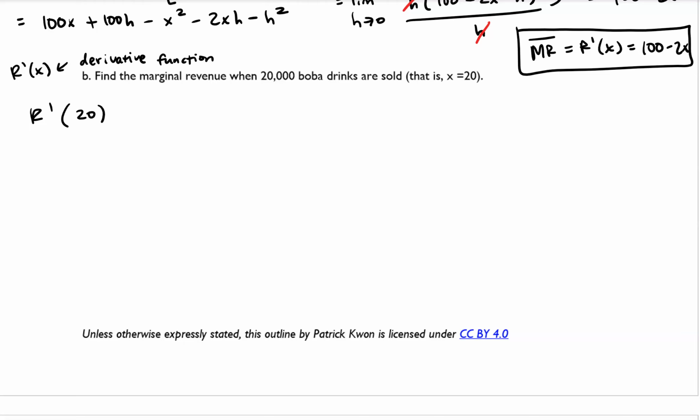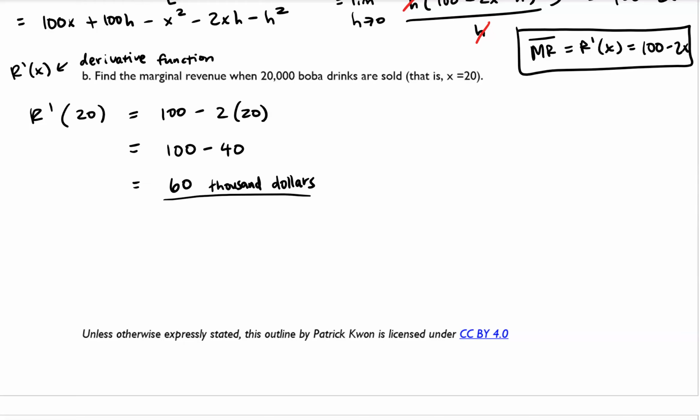So we want to plug in 20 into our derivative function, and if we do that, we get 100 minus 2 times 20. That's 100 minus 40, which equals 60. And remember, this is in thousands, so this is $60,000 per 1,000 units.